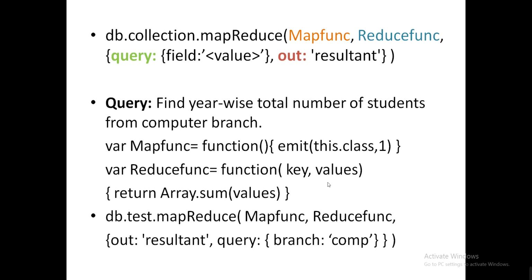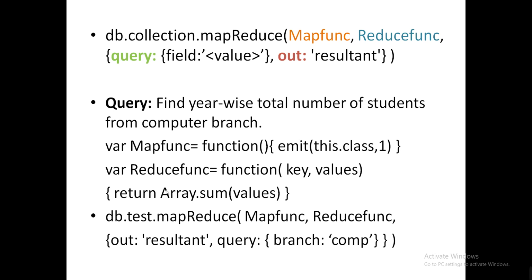As I told, it will accept a single key, and for that key, whatever values we have got from the emit function, we will be creating an array of those values. So if there is a unique single value for a specific key, then definitely it will have a single value.